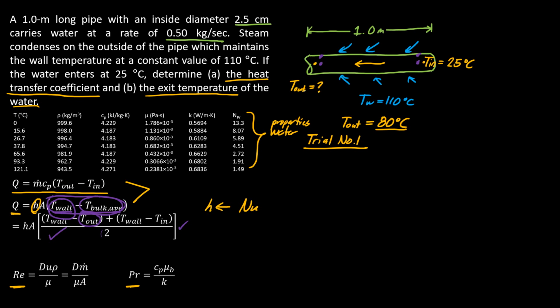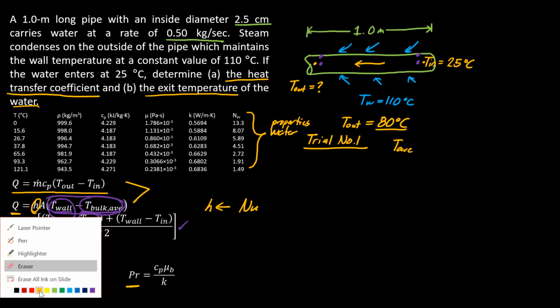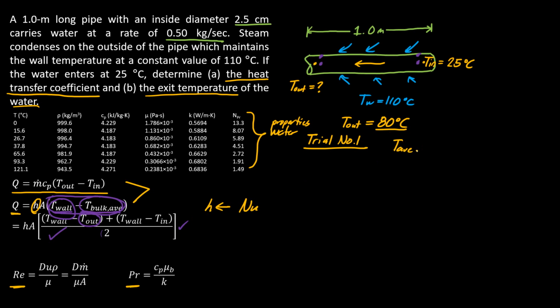So with an exiting temperature, we can have an average bulk temperature. How do we compute that? 80 plus 25, basically the average of the entering and exiting, is 52.5.